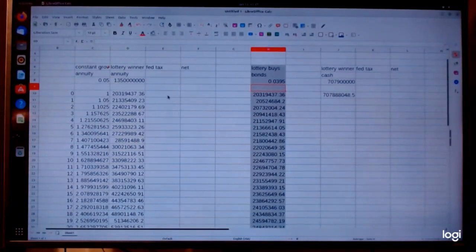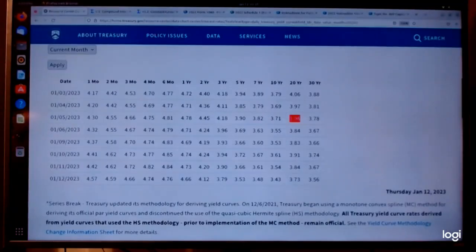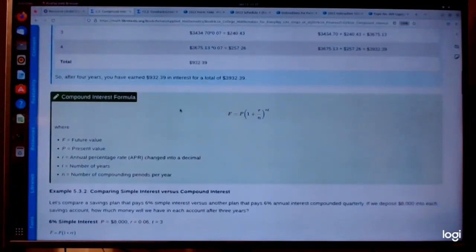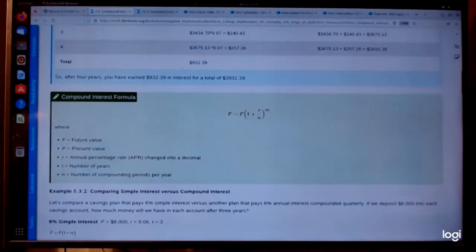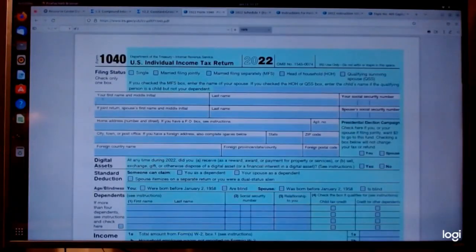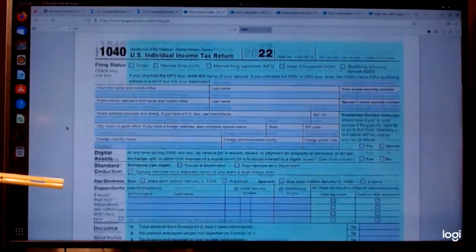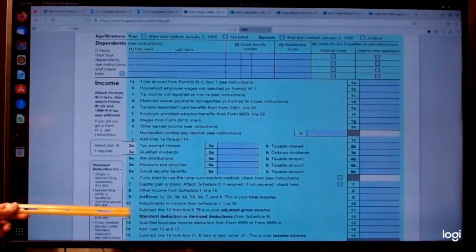Now let's look at the federal tax. Let's see here now. This was that formula from the LibreText that I used. We look at this is the 1040, line 8.